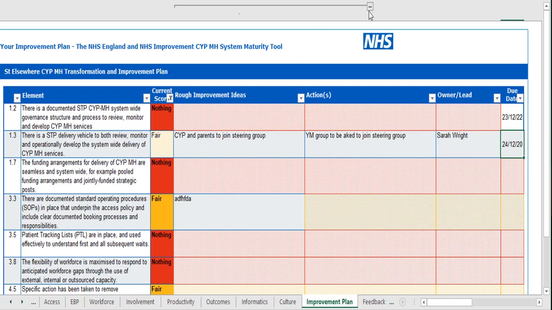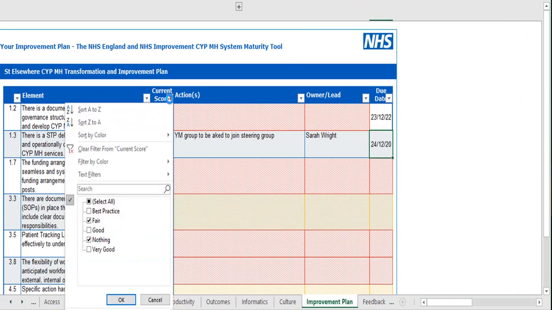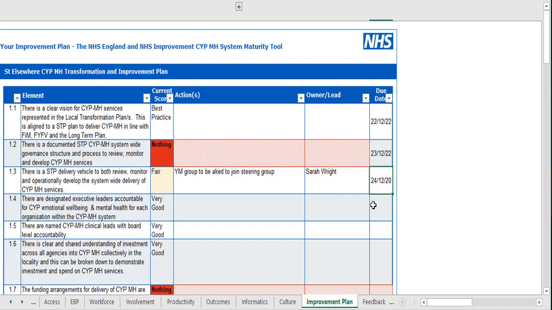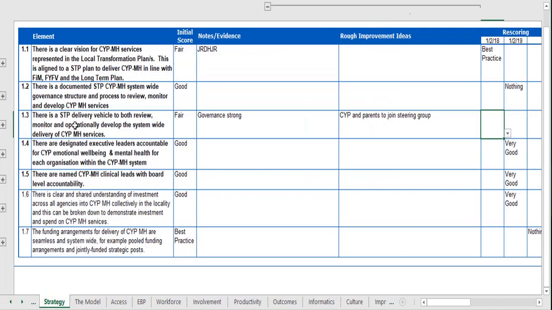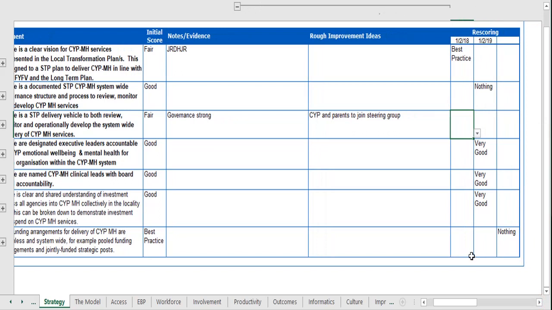Now obviously you can close this back up if you want to, so you can just see your actions, and you can filter in whichever way you choose, so that you can see all these actions together and who the leaders are for those. And I just want to go back to that one again. If we go back to 1.3 in strategy, you can see that there are also opportunities to rescore. We've got three opportunities there. Now you'll see that they're not always scored every time there's been a review.